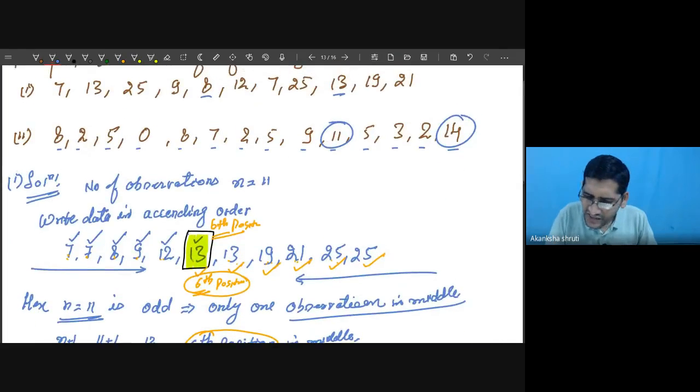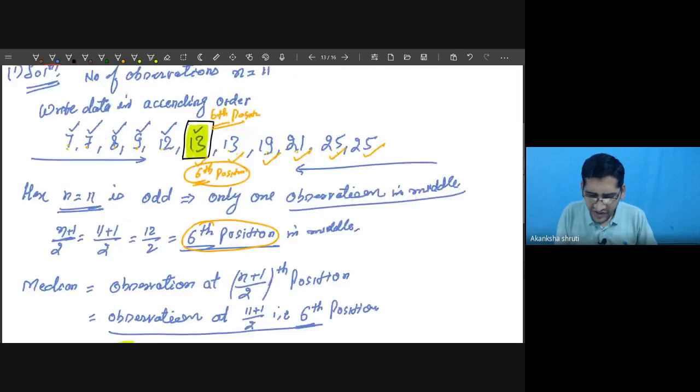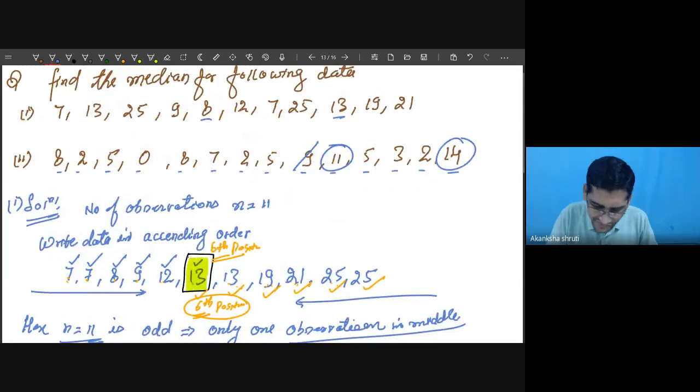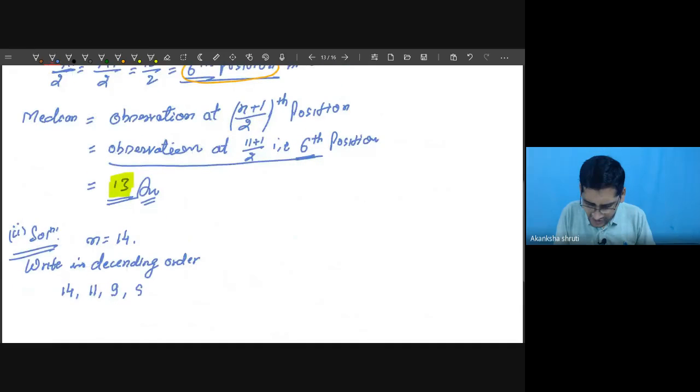Then is there any 10? No 10. Then write 9. Only one 9 is there. Go for 8: one 8, two 8s. Two 8s are there, so you have to write 8 twice.